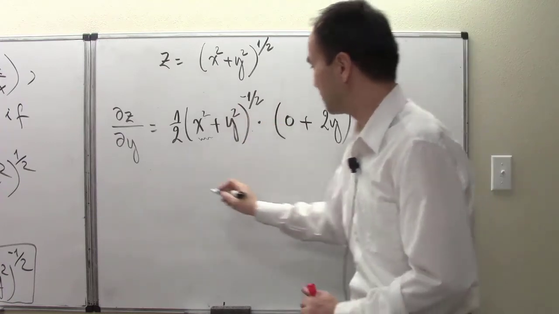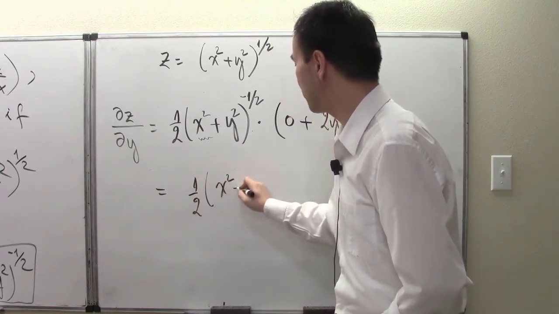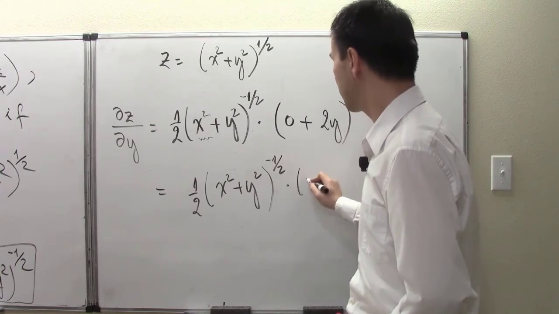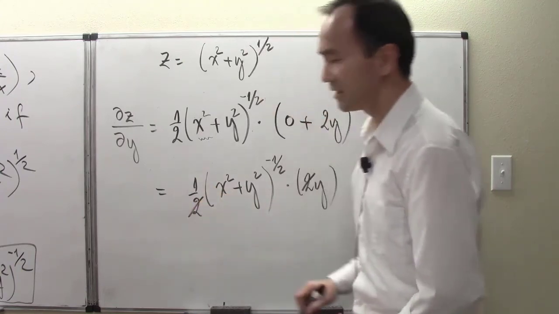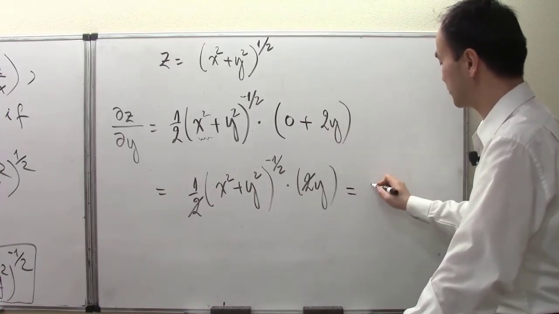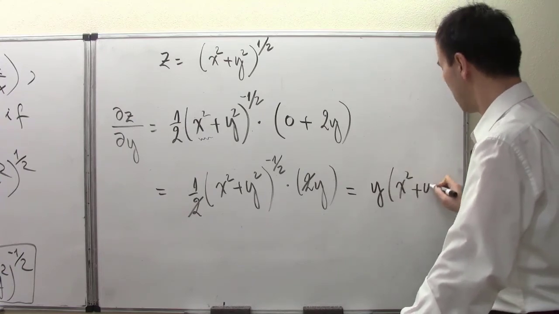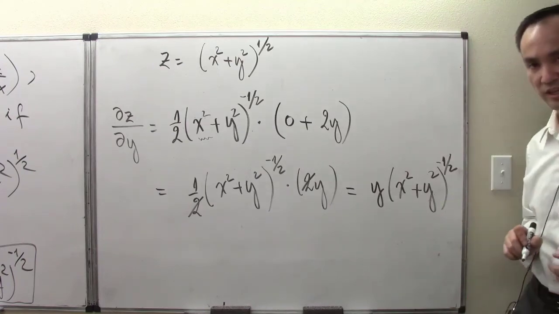So that becomes 1/2 times x squared plus y squared to the negative 1/2, multiplied by 2y. Then I can cancel out that 2. My final answer becomes y times x squared plus y squared to the negative 1/2.